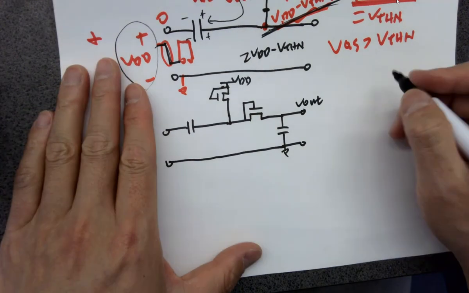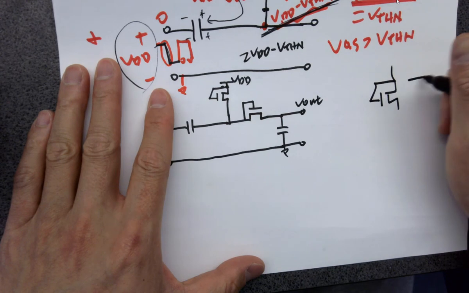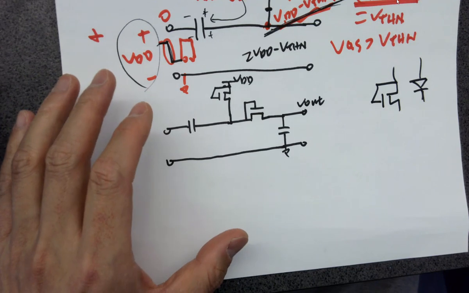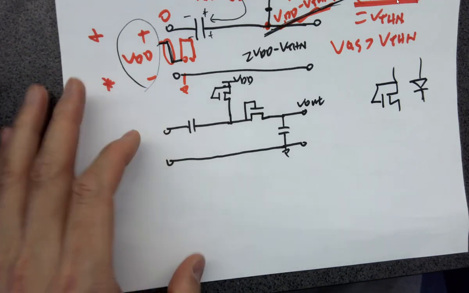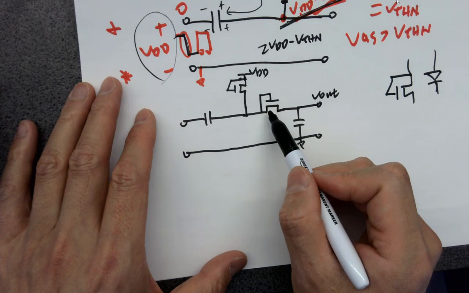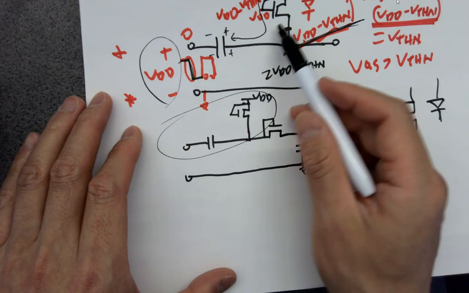Like I said, this is a diode connection. This thing is the same as this. It does the same thing. So this is like the filter circuit we drew at the very beginning of the class, and this one is the charge pump we just introduced over here.